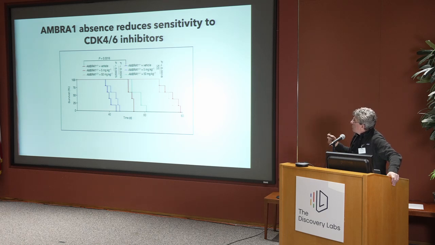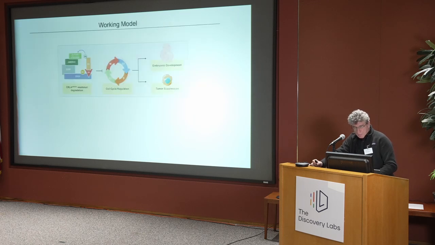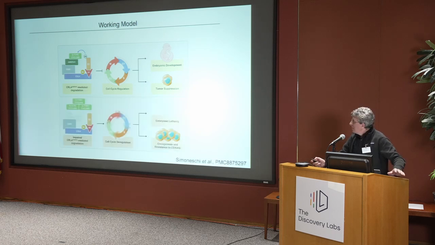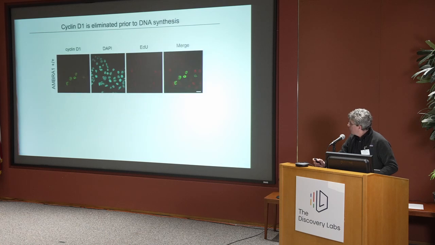So the absence of AMBRA reduces sensitivity to CDK4 and 6 inhibitors. So in conclusion, we found that CRL4 AMBRA controls cell cycle progression by inducing the degradation of cyclin D1, and deregulation of this event will induce embryonic lethality, oncogenesis, and resistance to CDK4/6 inhibitors.